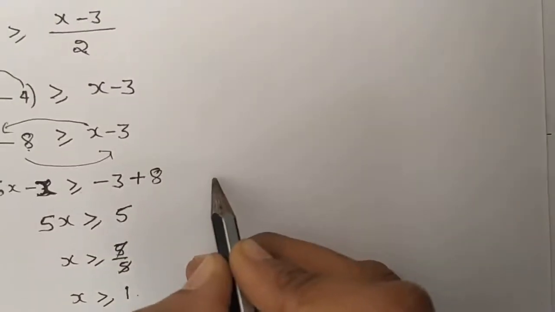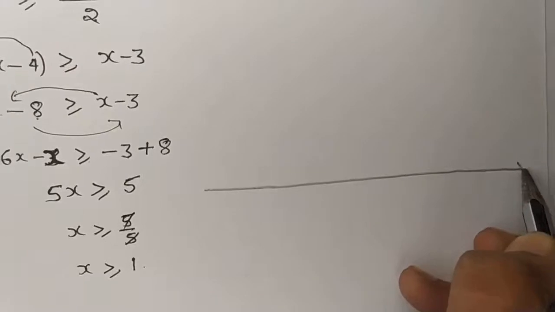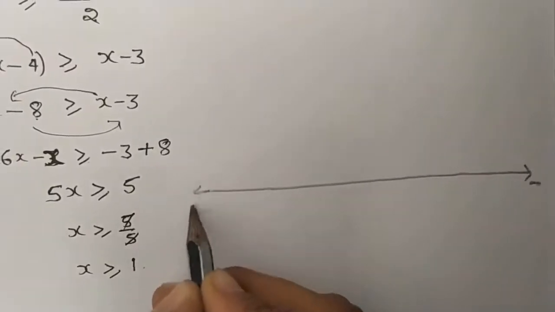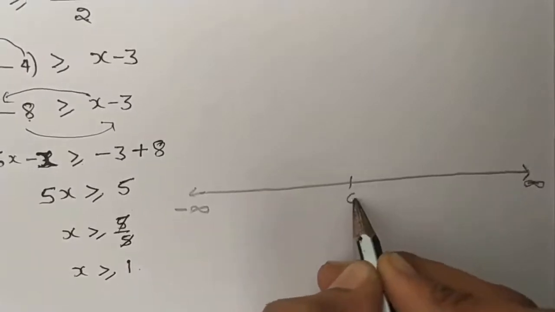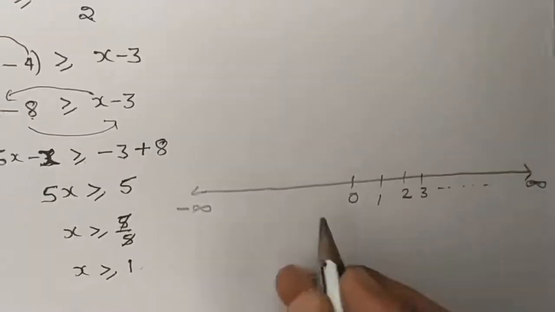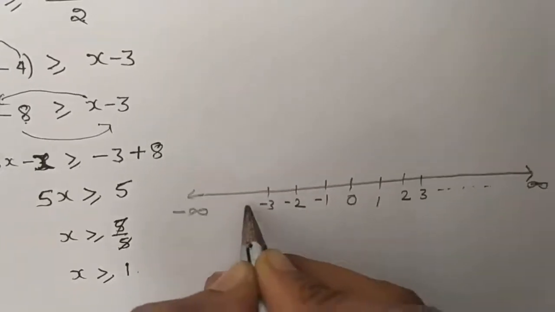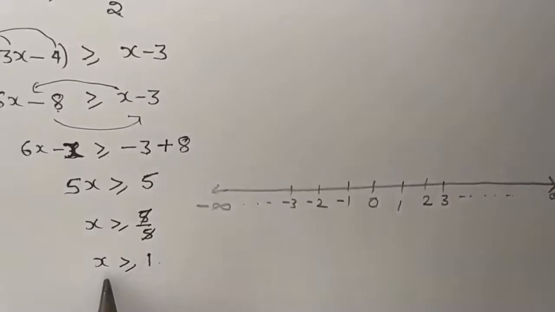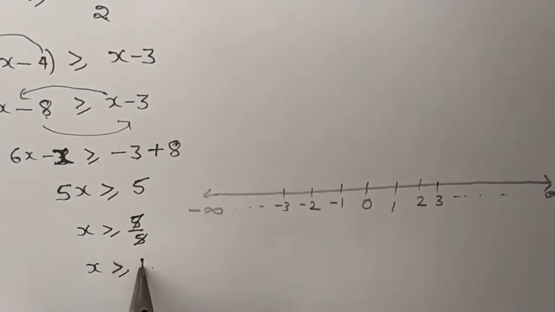Take a number line, plus infinity to minus infinity, 0, 1, 2, 3, 4, 5, 6, 7, 8, 9, 10 and so on. Minus 1, minus 2, minus 3 and so on. So x is greater than or equal to 1. It is shown to the right of 1.